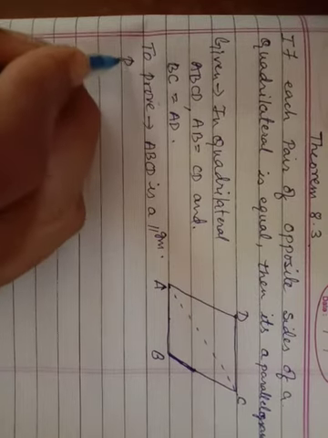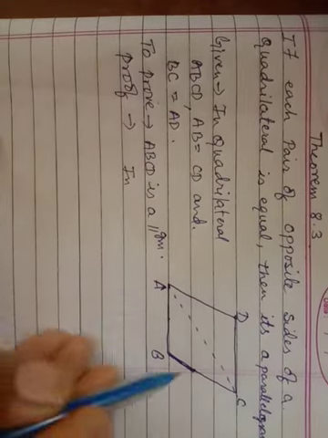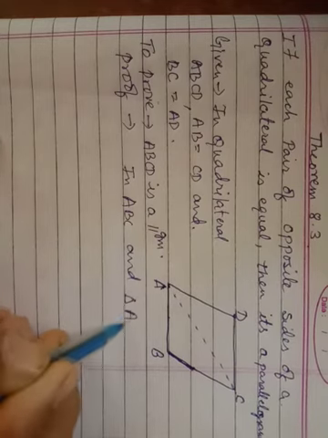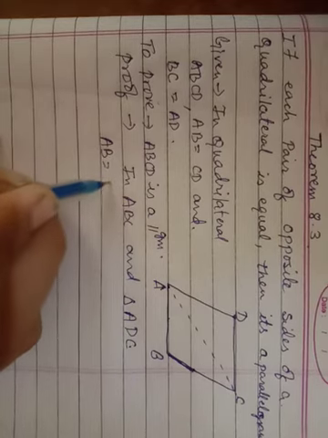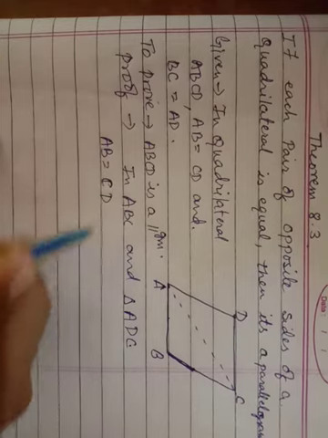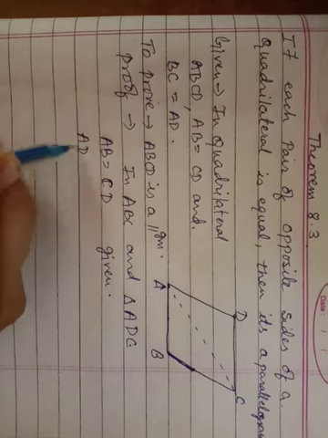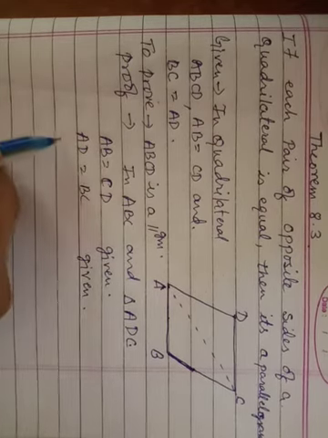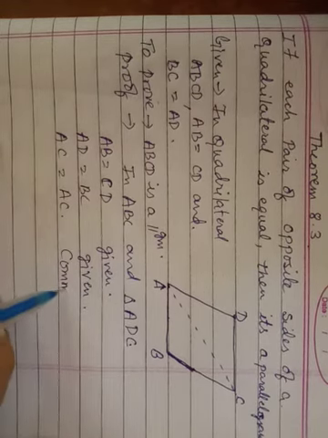So proof, you can see in triangle ABC and triangle ADC, AB is equal to CD, this is given, AD is equal to BC, this is also given, and AC is equal to AC, this is the common side.